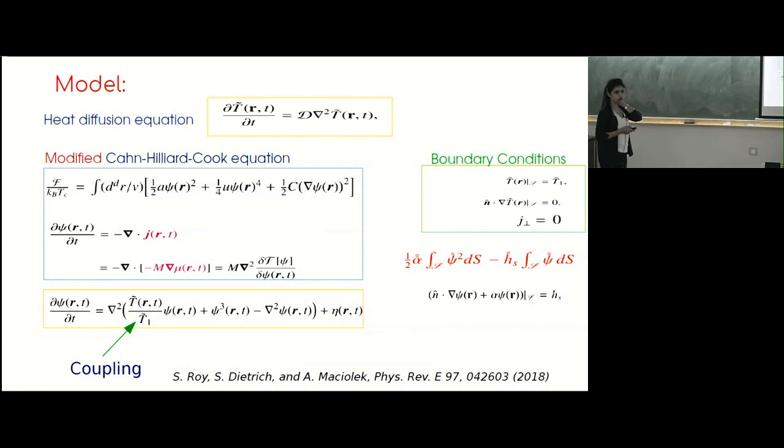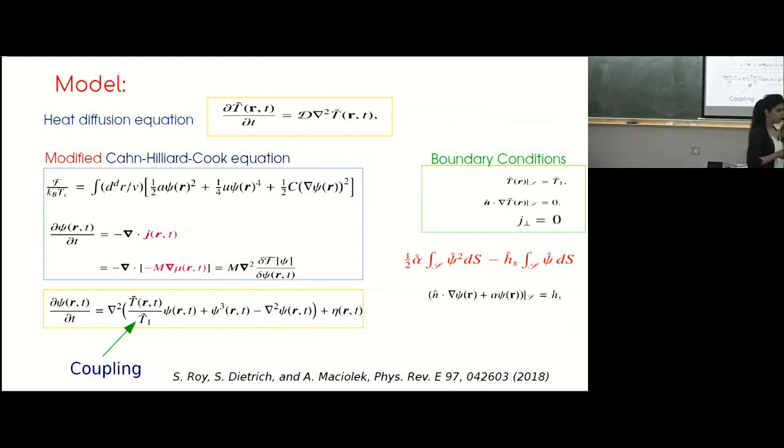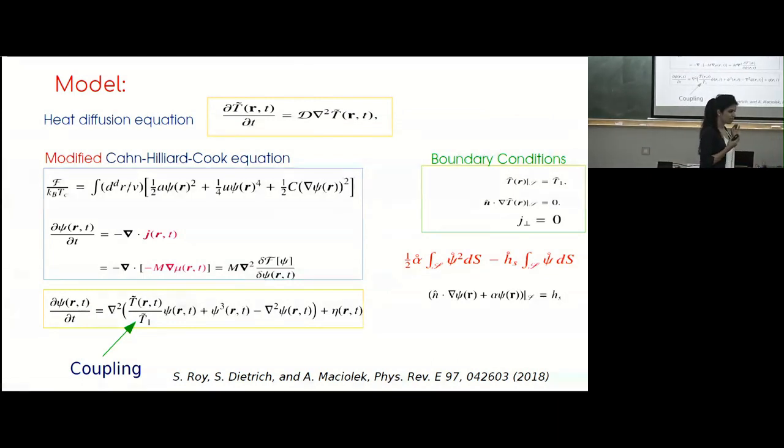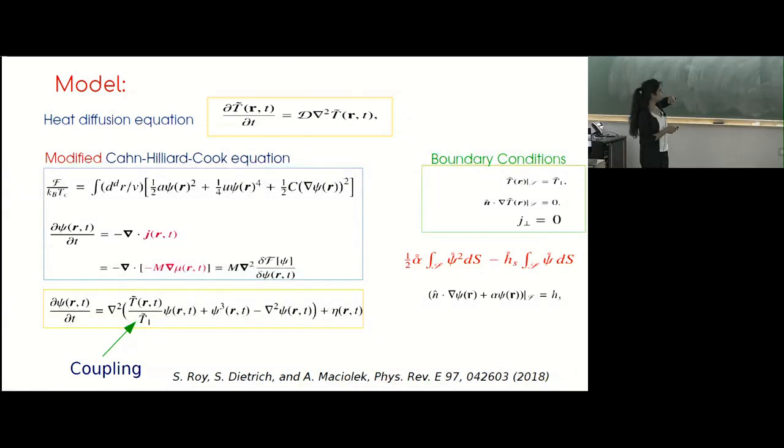So now let's come to the order parameter field. For that, we take the usual Cahn-Hilliard-Cook. Constant across the two species. Yeah, but it is an assumption. So to solve for the order parameter field, we take the usual Cahn-Hilliard approach, where one starts with the free energy functional, the usual Landau free energy, and in addition you have a square gradient term, which takes care of the interface formation.